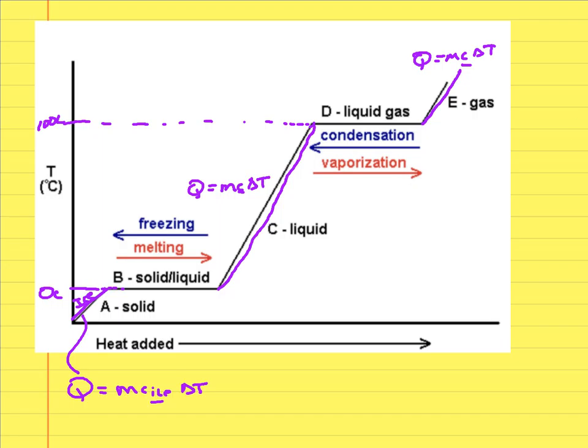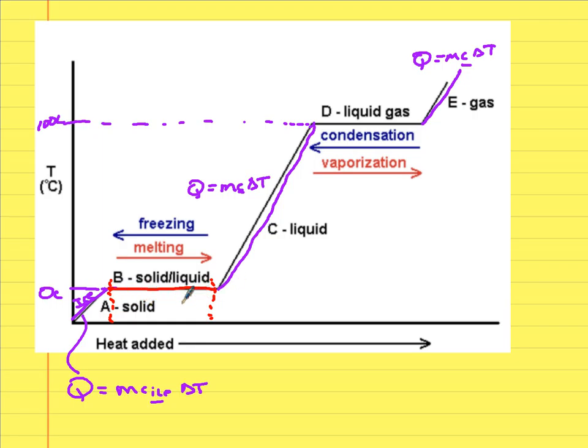Now, what happens between this point and this point? All right, at this point right here, you see the temperature is the same. If I have ice and water, they're at the same temperature. They're at 0 Celsius, but I'm adding heat to change it from a solid to a liquid, or I'm removing heat to take it from a liquid to a solid.